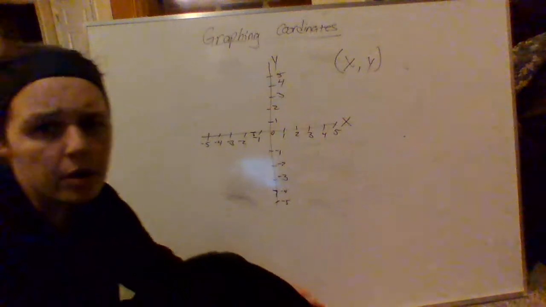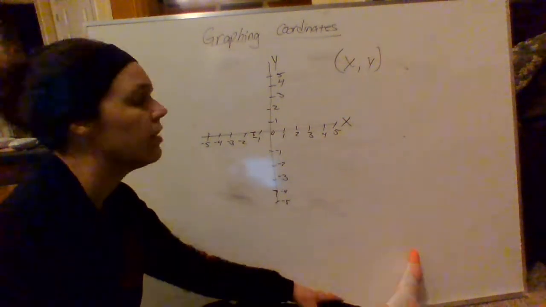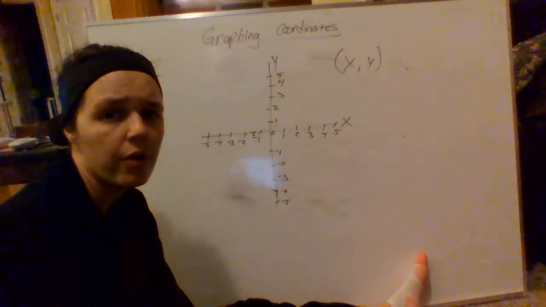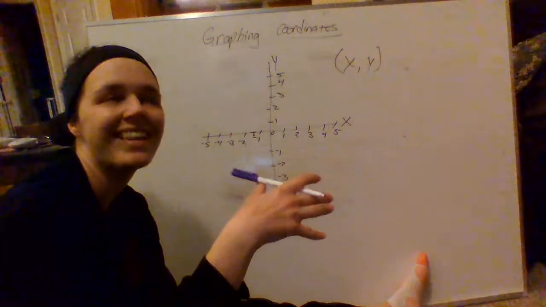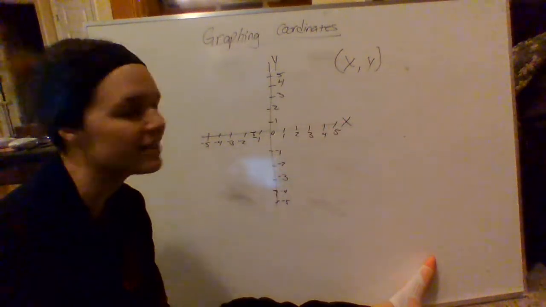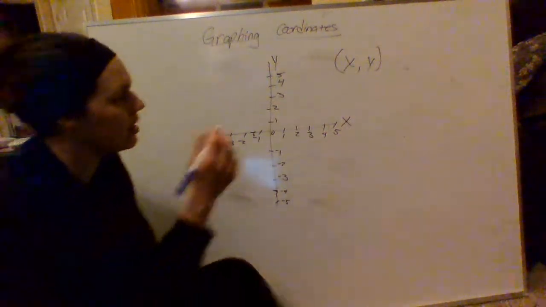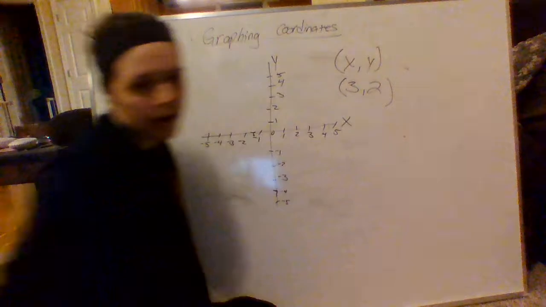Remember, it goes ABC order, x, comma, y. In the last lesson, you were given a point and you had to write the coordinates for it. Now it's a little different. They're going to give you coordinates and you graph that point.